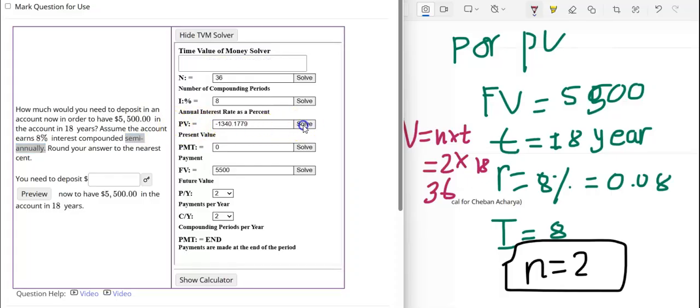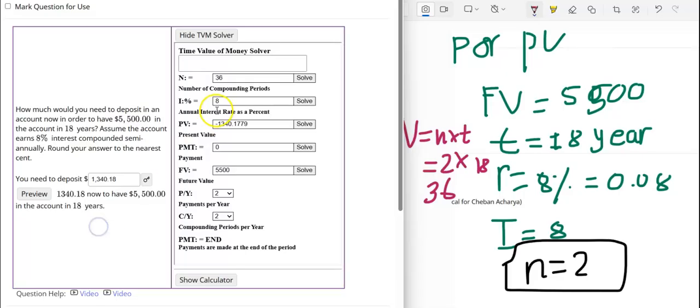So I click here, I get $1,340.18. Notice that this 7 becomes 8 because of the next digit 7. If you put the comma that should be fine, but don't put the dollar sign in front because the dollar sign is already there. Ignore the negative sign in the value.